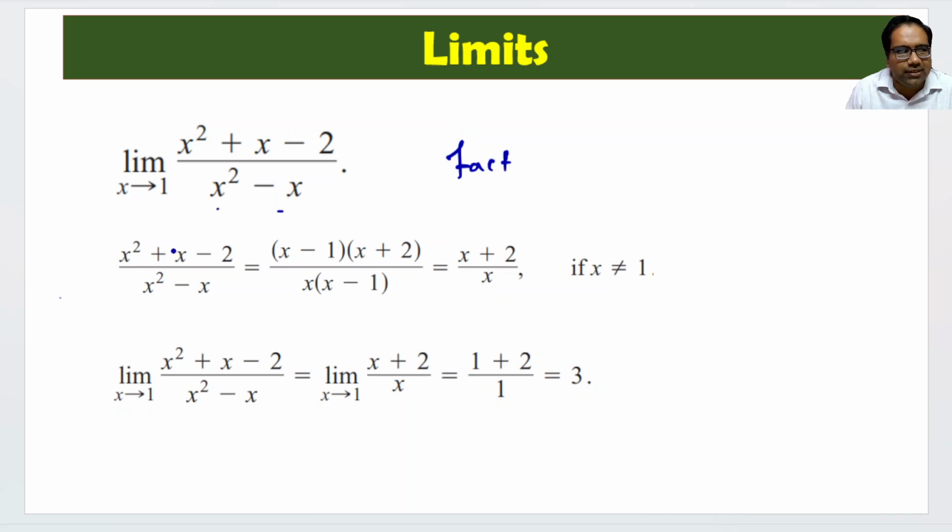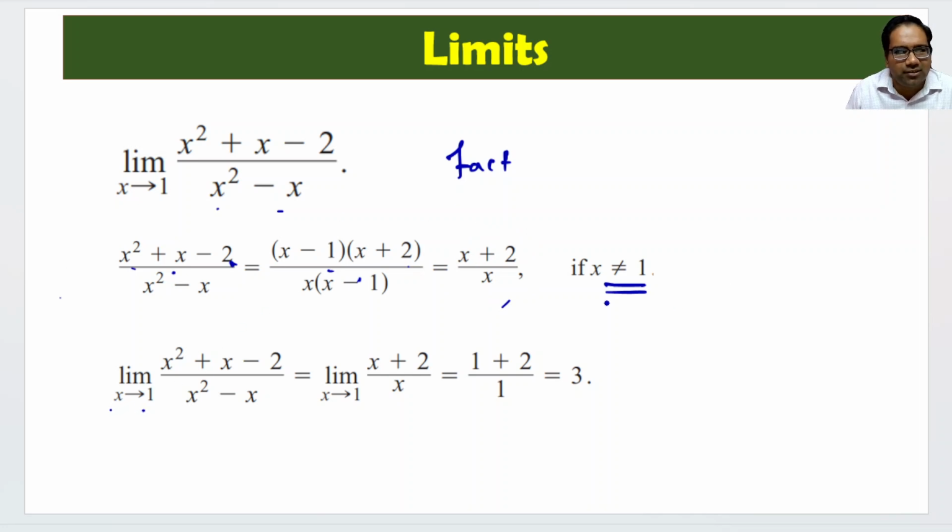We can write x square plus x minus 2 as x minus 1 into x plus 2. The denominator also, x into x minus 1. So this x minus 1, this x minus 1 we can cancel as long as x is not equal to 1. Otherwise, 0 by 0 we cannot cancel, right? As long as x is not equal to 1, this fraction becomes x plus 2 by x.